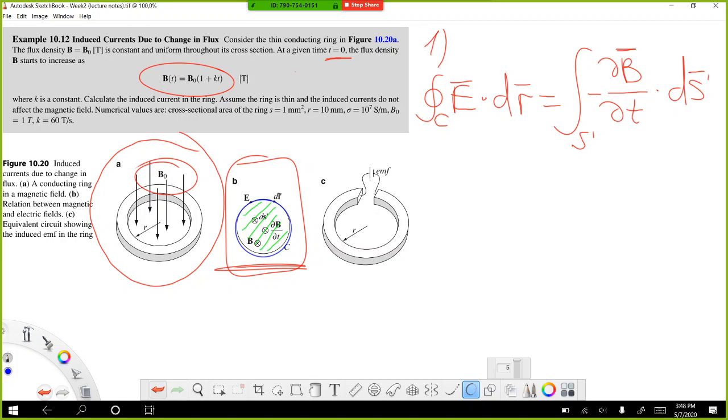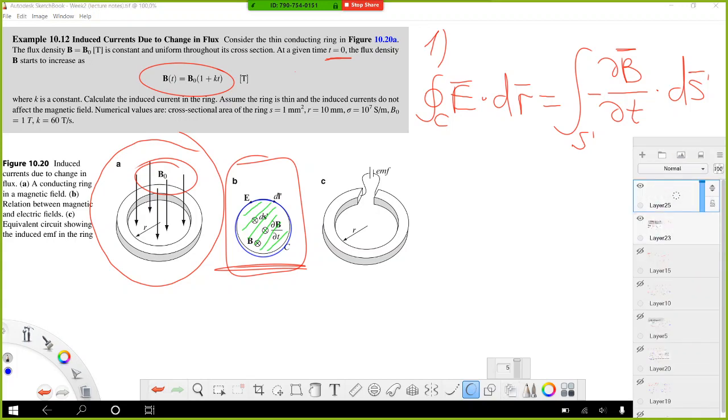Okay, let's compute these integrals. Let me open the new page.